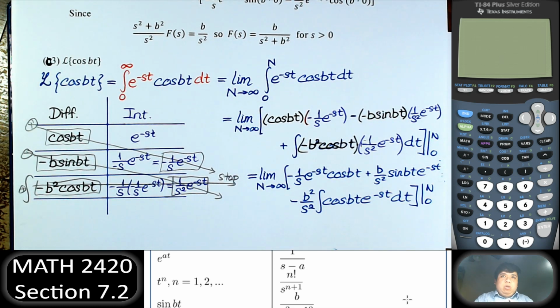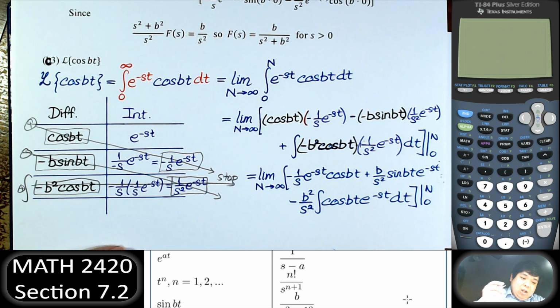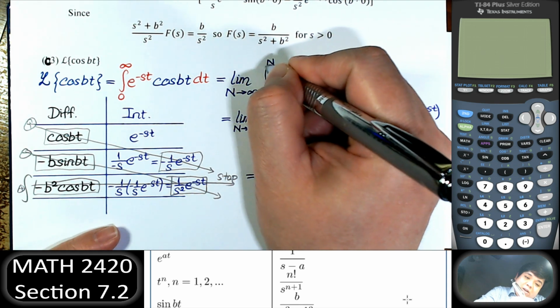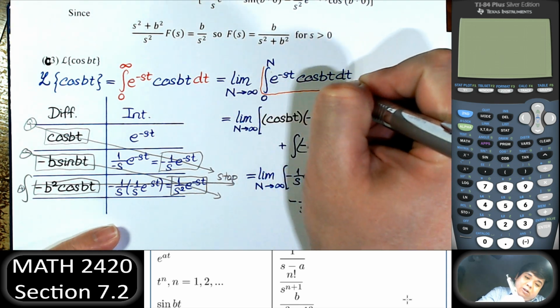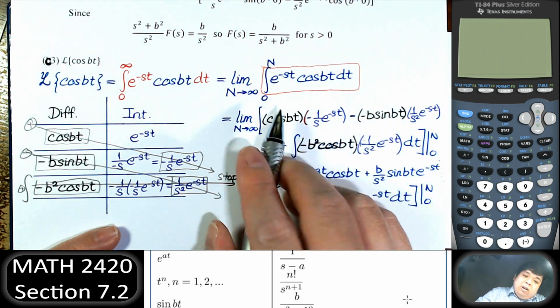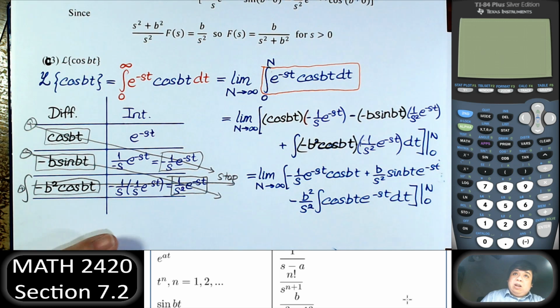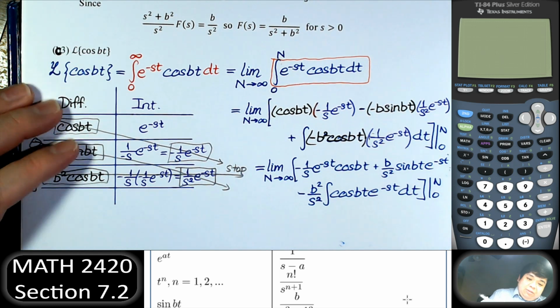Now if you got the feeling that we're going in a circle, then actually that is the right thing. Notice that the integral here is the integral of e to negative st cosine bt, so those are the same thing. Let me rewrite this as an expression.